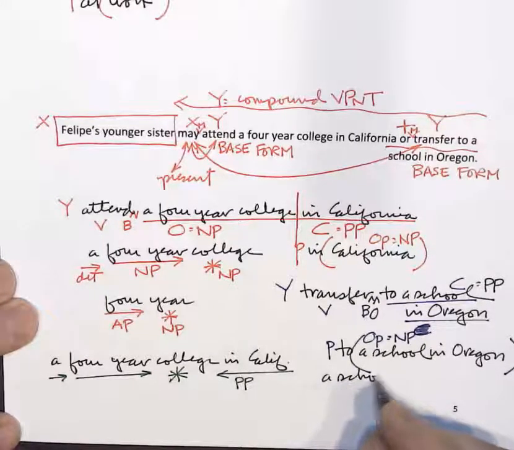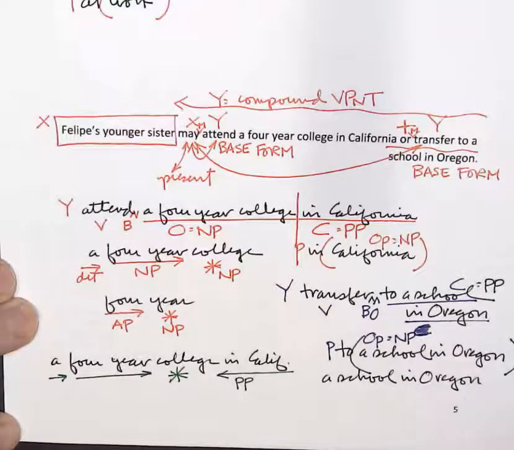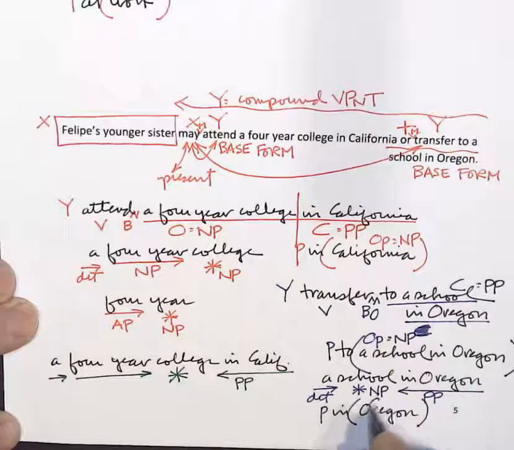A school in Oregon, and school is the head. A is a modifier, it's a determiner. In Oregon is a modifier, it's a prepositional phrase. And we'll rewrite in Oregon. In Oregon, in is the preposition, Oregon is the object of the preposition. That's a noun phrase. Okay, that takes care of that.